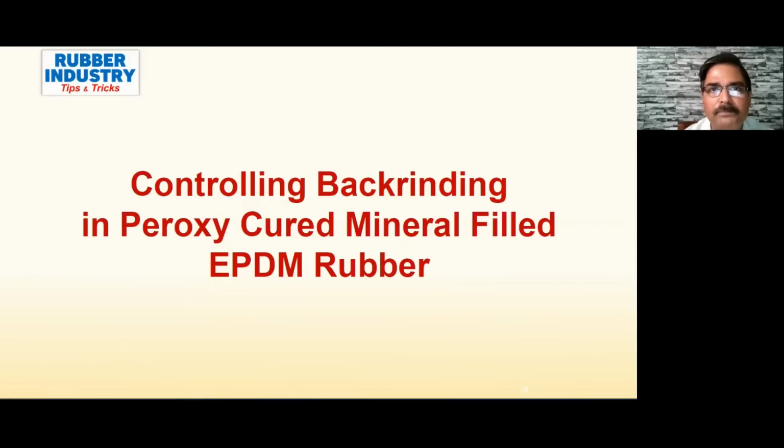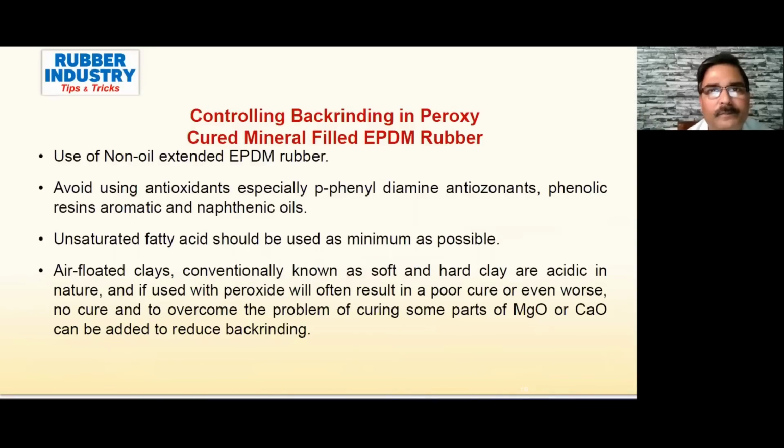In case of peroxide cured EPDM rubber, it is advisable to use non-oil extended EPDM rubber. Next, avoid using antioxidants, especially paraphenylene diamine antioxidants, phenolic resins, aromatic and naphthenic oils. Unsaturated fatty acids should be used as little as possible.